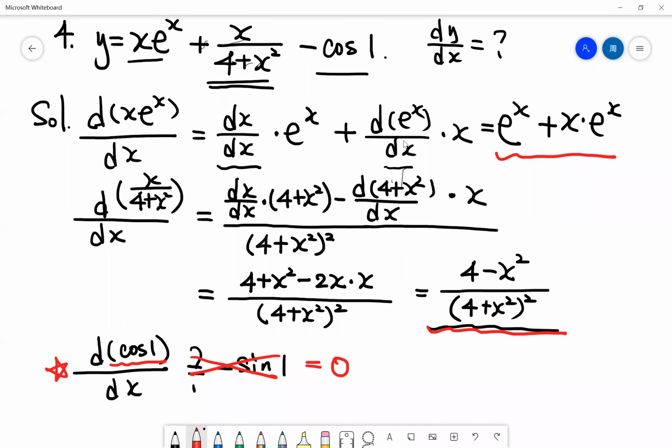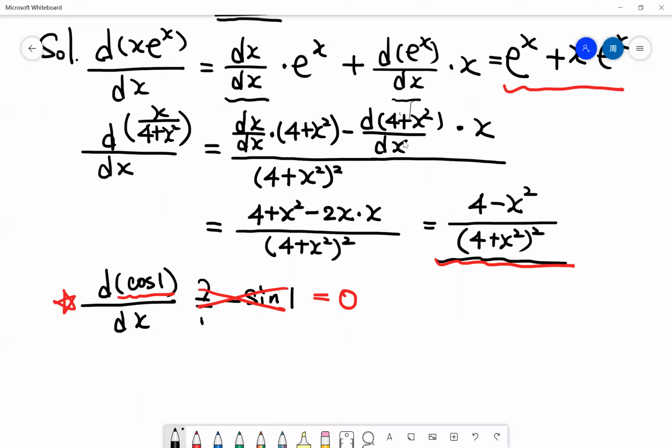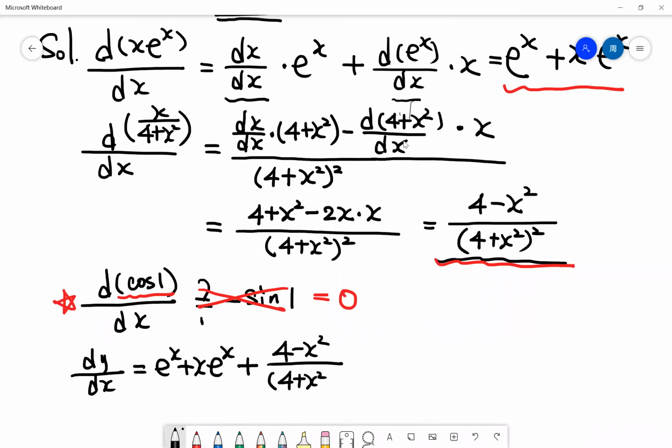So the final result, we just sum part 1 and part 2. So we can get the final result here, that is dy by dx equals e^x plus x times e^x, and then plus (4 minus x squared) by (4 plus x squared) squared. So here is the result for the fourth one.